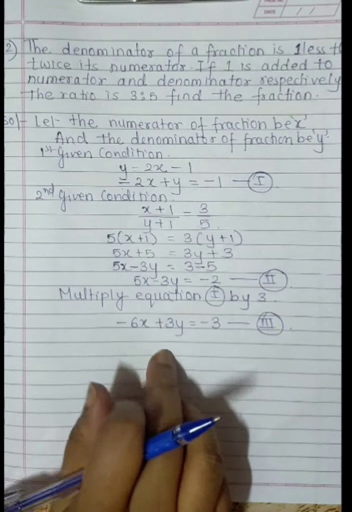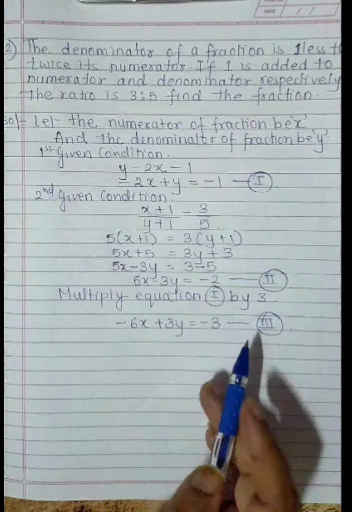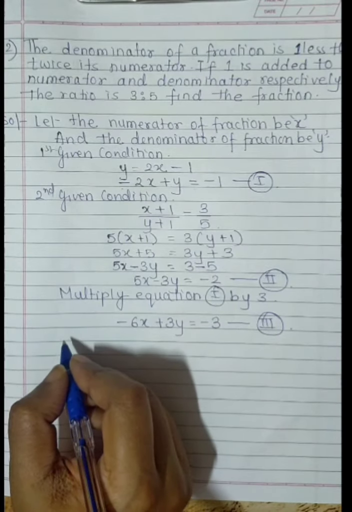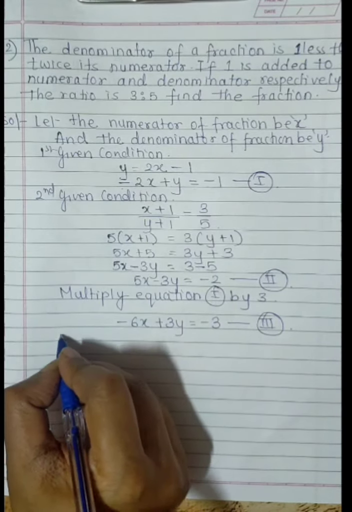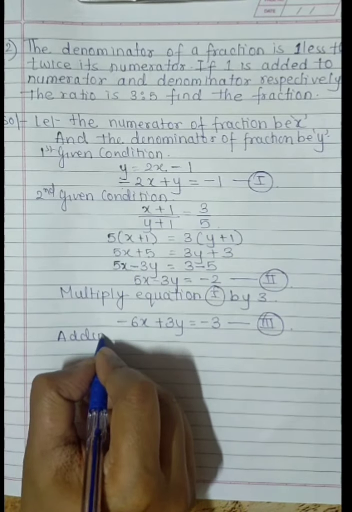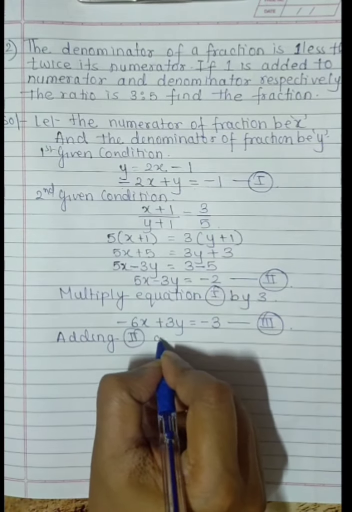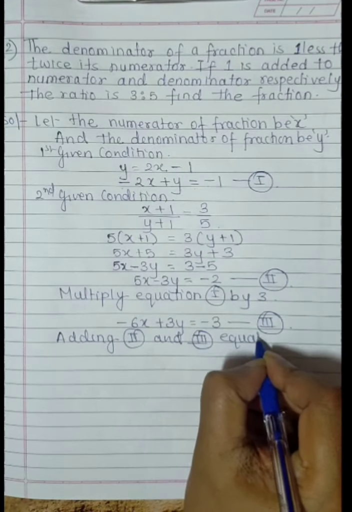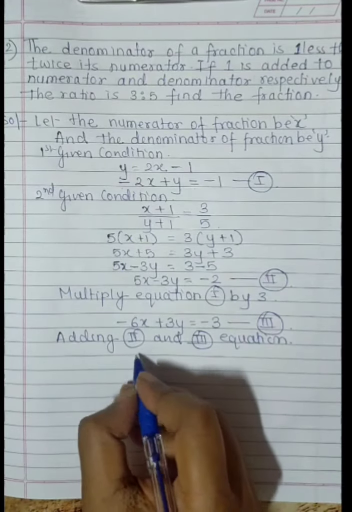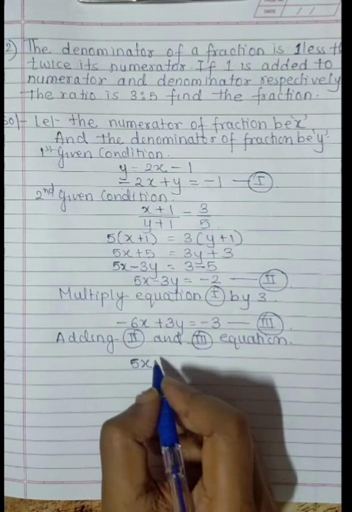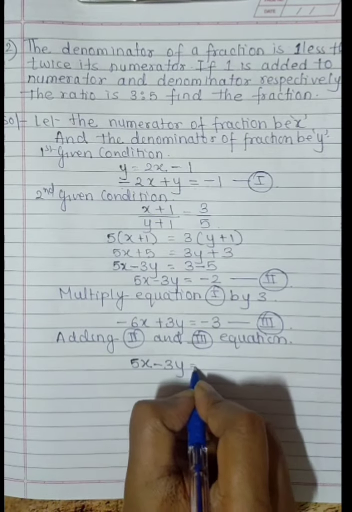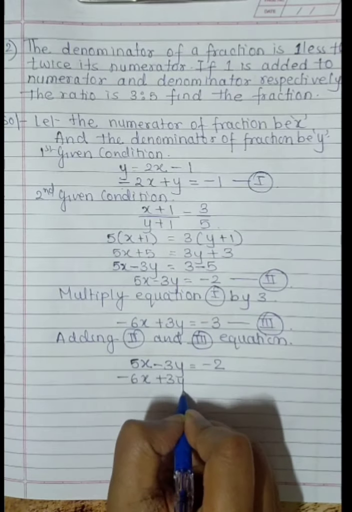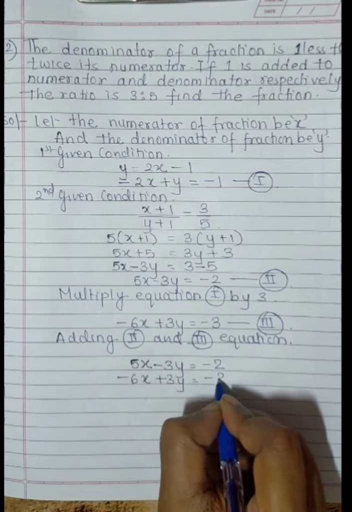Now we are going to add the second and third equations to get the value of x or y. So we add 5x minus 3y equal to minus 2 and minus 6x plus 3y equal to minus 3.